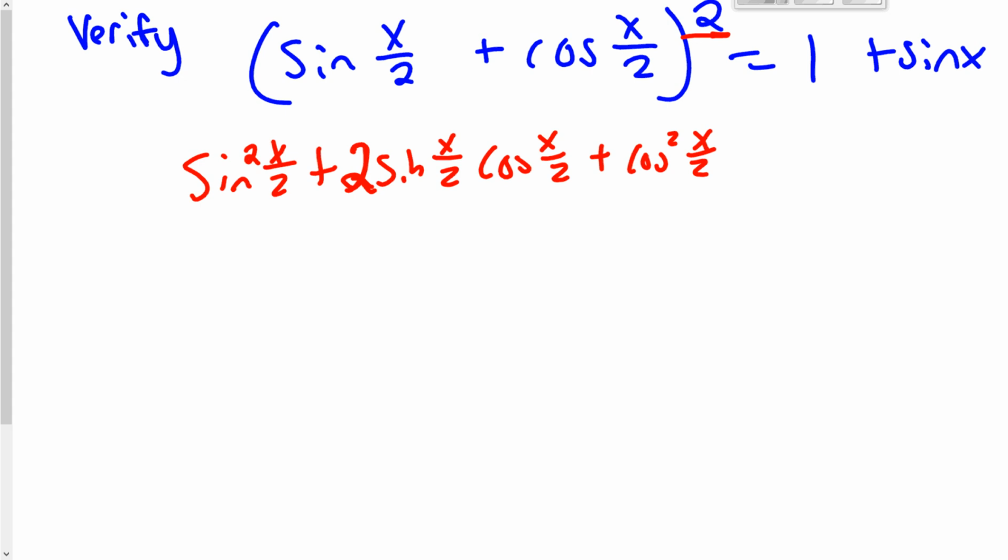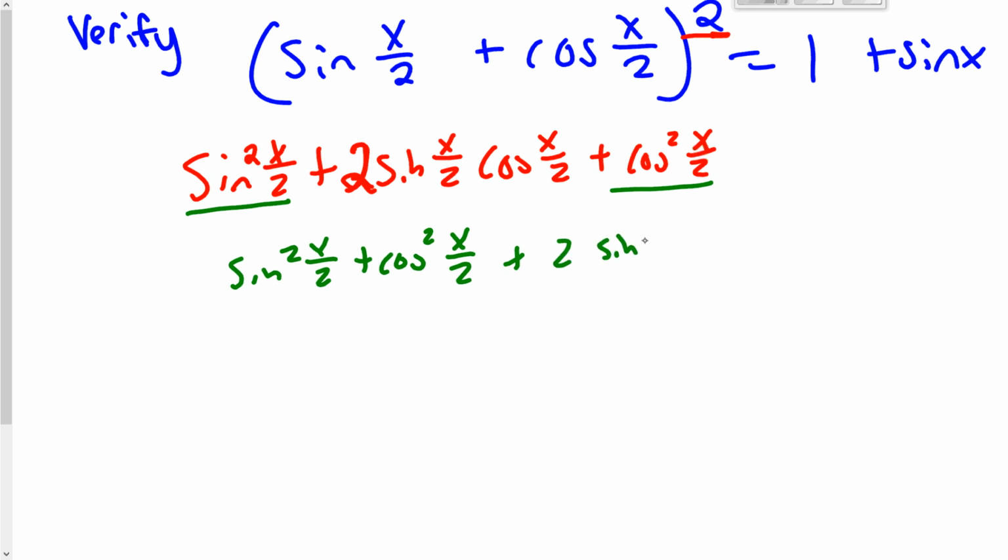So now we can go ahead and simplify, because let's just rewrite this. Sine squared of x over 2 plus cosine squared of x over 2, I'm just reordering this, plus 2 times sine of x over 2 times cosine of x over 2.